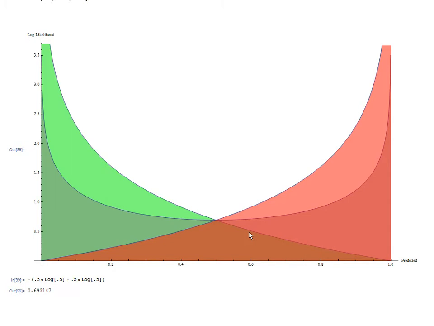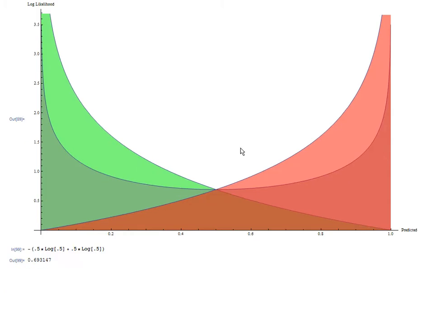So we can take a look at all 3 of these curves at the same time. This is what it looks like. And you can see that they all meet at this one point here. The green is the curve for when a win was observed. The red is when a loss was observed, and then this gray area here is when a draw was observed.